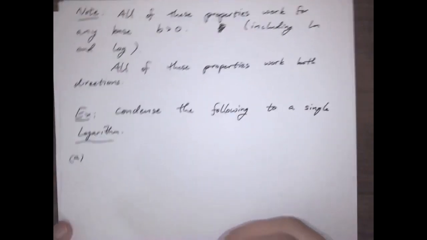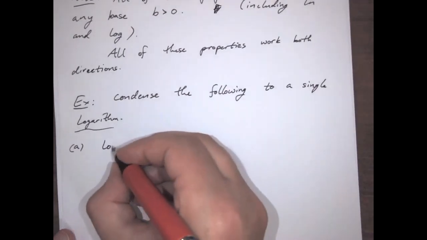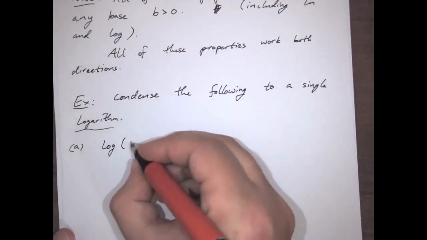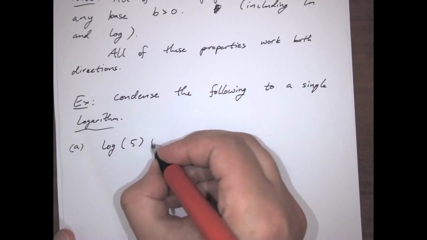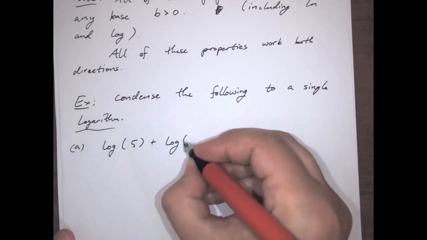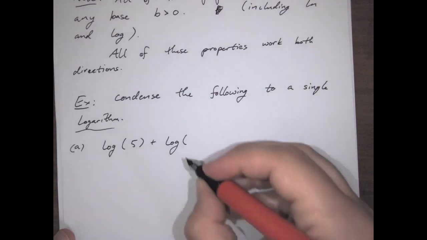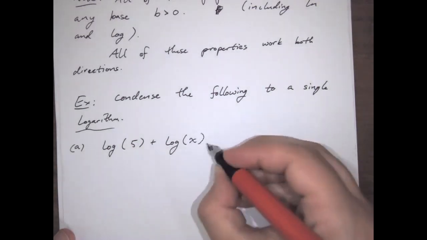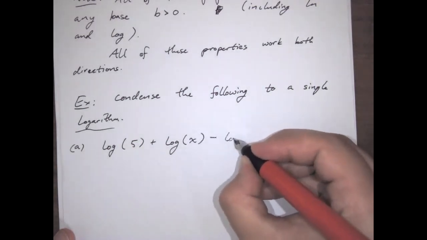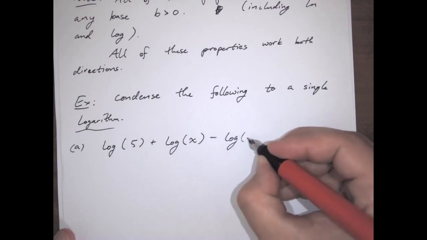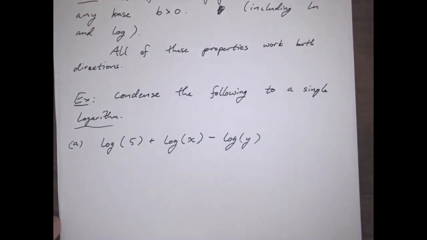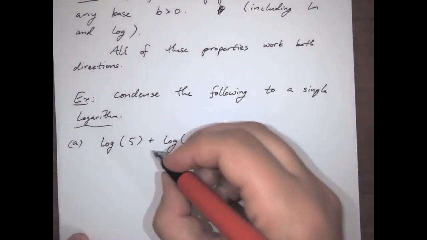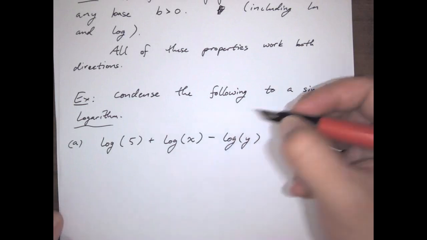For example, what we might have is something like log of 5 plus log of x minus log of y. In this case, what we have are the log base 10, a sum of two logs and a difference also.